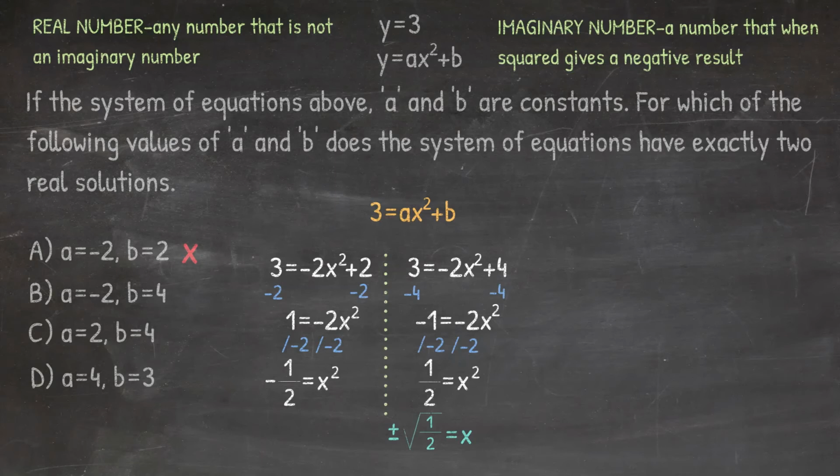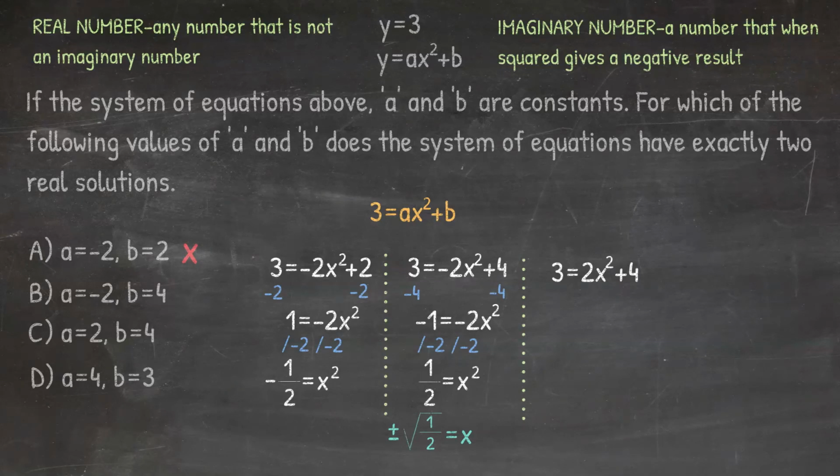Evaluating answer choice C, we have a of 2 and b of 4. Of course, we could stop at answer choice B because it does satisfy our requirement of having two real solutions. But just to be sure, let's quickly do answer choices C and D. In that case, plugging in a and b, we get 3 equals 2x squared plus 4.